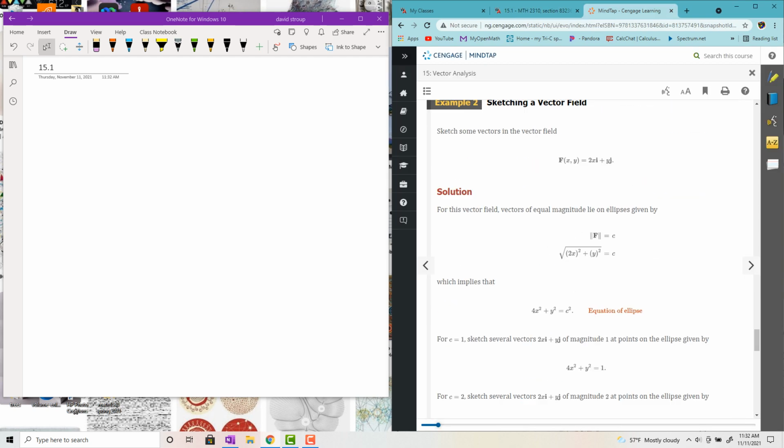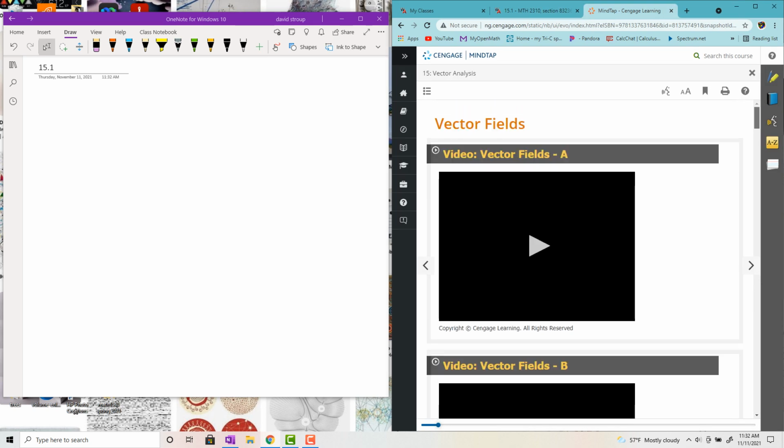Okay, so this is now chapter 15. In particular, we're looking at vector fields. And vector fields are pretty awesome. They're a lot like slope fields that you saw back when you were working with differential equations in Calc 2.